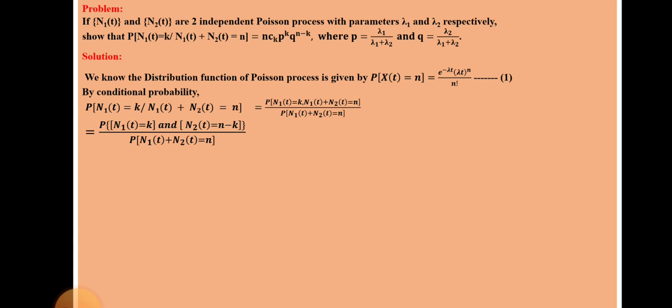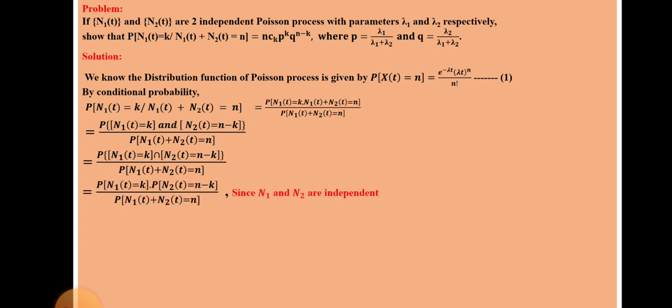This is the conditional probability law, the same idea we are using here, divided by the probability of N1(t) plus N2(t) equal to n.